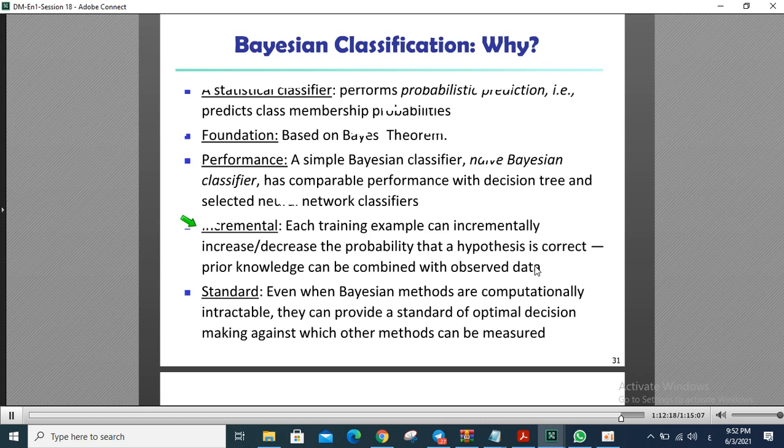During the training and maybe during the test, especially for stream data, this classifier can tune itself based on observed data.